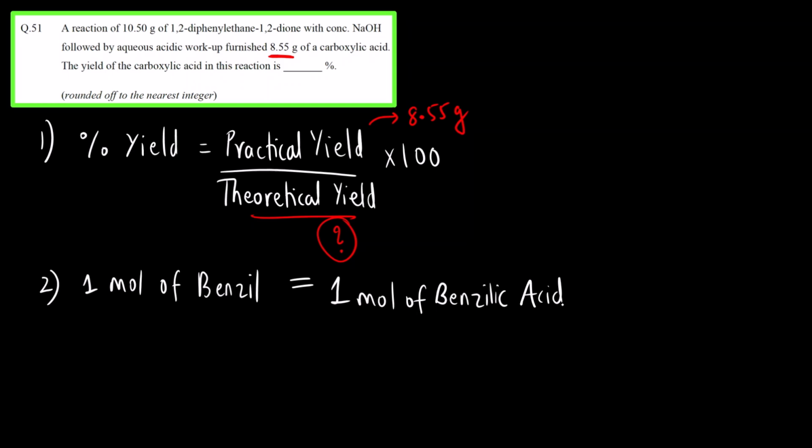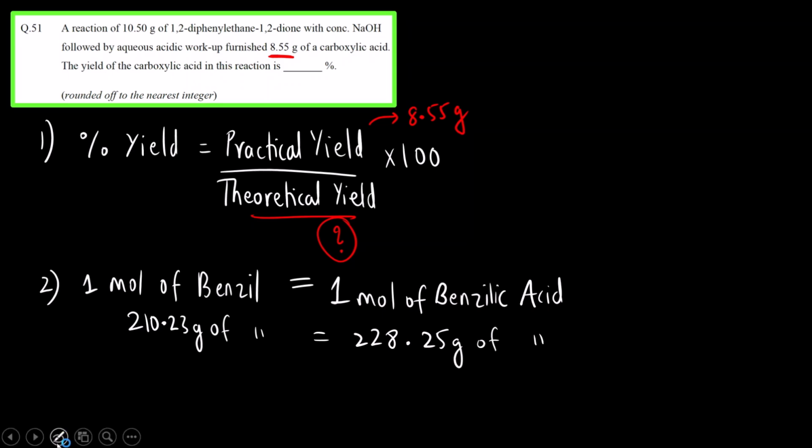What is the molecular weight of benzil? It is 210.23. So 210.23 grams of benzil gives, what is the molecular weight of benzilic acid, 228.25 gram of the product. And they have given how many grams of benzil they have used, that is 10.5 grams.